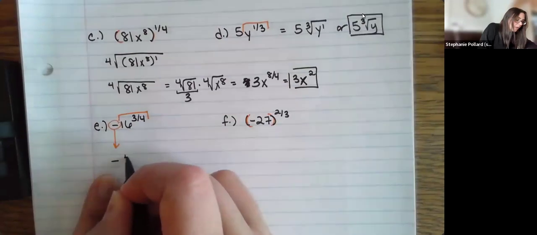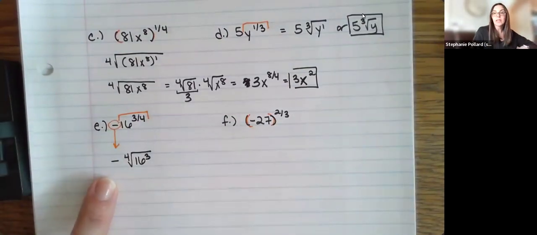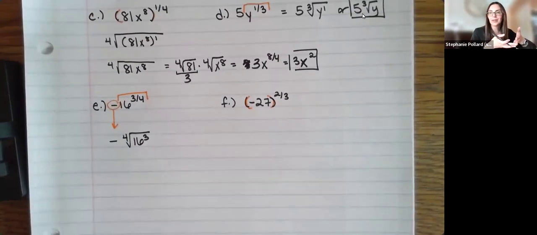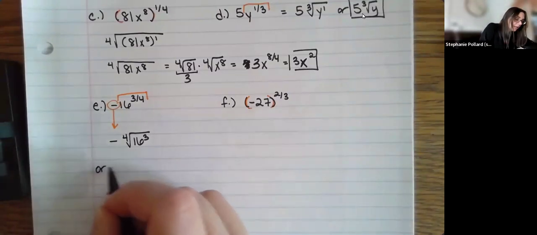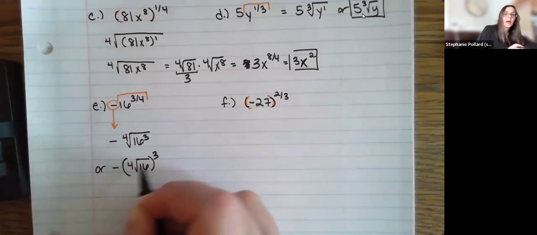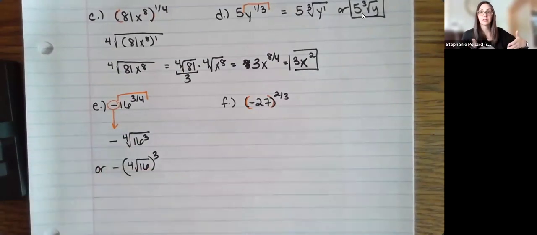I have the fourth root of 16 to the 3rd power. Now, the interesting thing with roots and powers is that they are basically equal on the food chain, so to say, and they're interchangeable. So you can write it like this, or you can write it like this, and do the 3rd power afterwards. We usually go back and forth depending on what's easier to simplify.